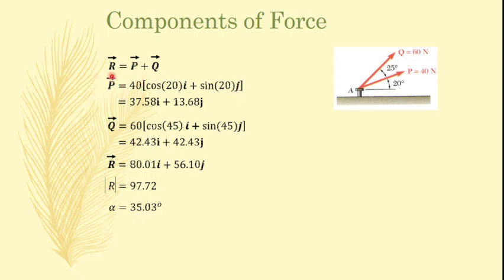We can easily find out what is the value of this P vector. Similarly, for Q vector, we can write it is the magnitude of the force, that is 60, and the total angle made with the horizontal axis is 20 plus 25, that is 45. That is why it is written cos 45 i plus sin 45 j. And we can easily find out what is the P vector and what is the Q vector.